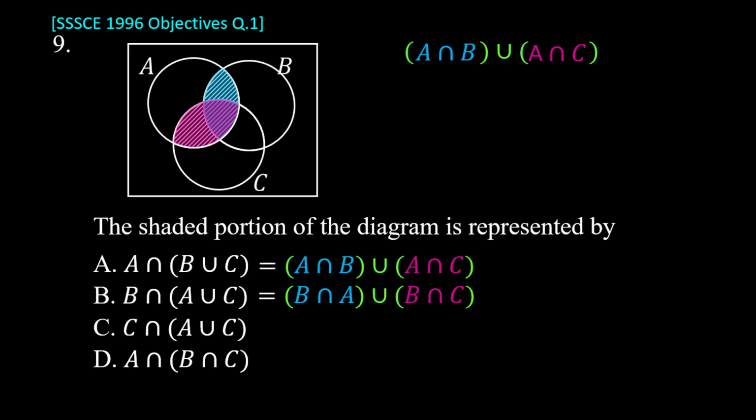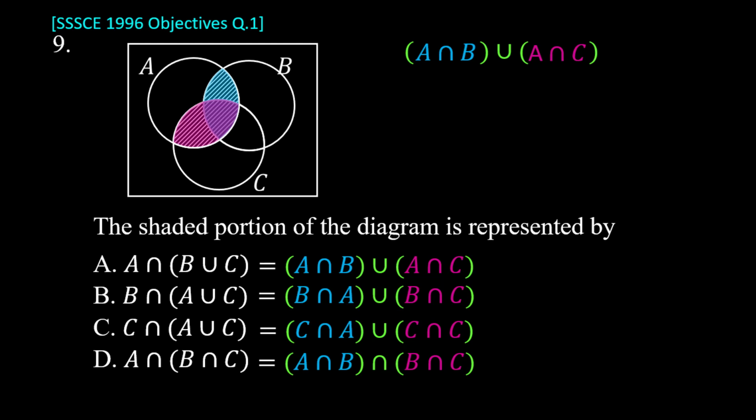C, C intersection A union C, can also be expressed as C intersection A union C intersection C. And then option D, A intersection B intersection C, can also be written as A intersection B intersection B intersection C. Now, which of the options correspond to what we deduced earlier?